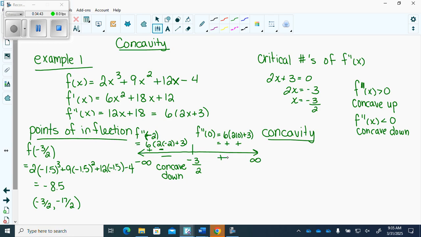Second derivative is positive. So what is that? Not increasing. Concave up. So this is concave down from negative infinity to negative 3 over 2. And concave up from negative 3 over 2 to infinity.